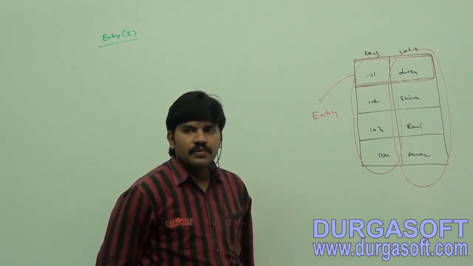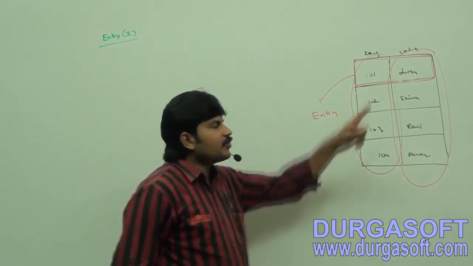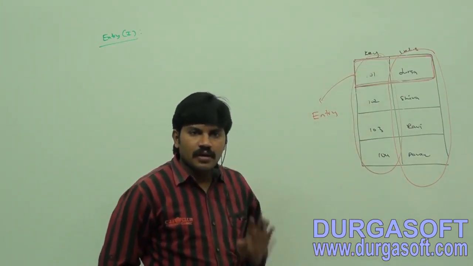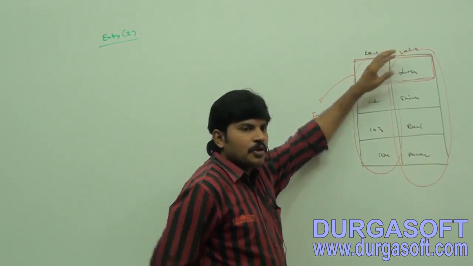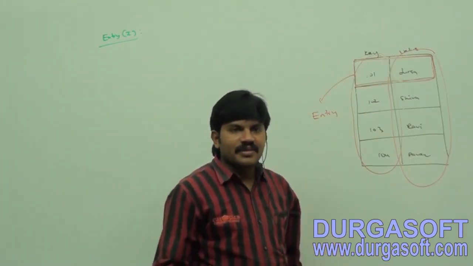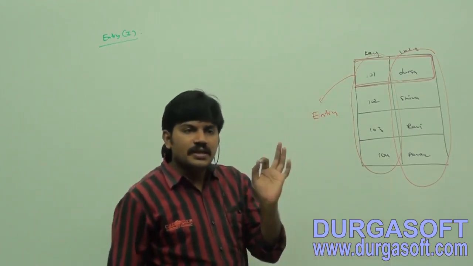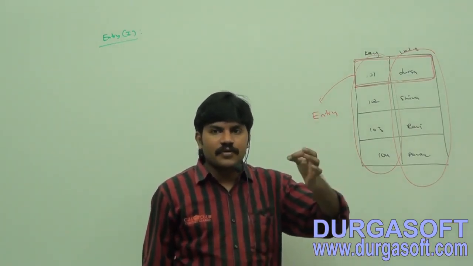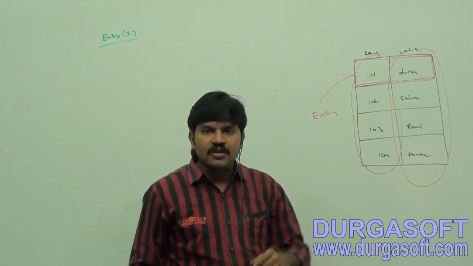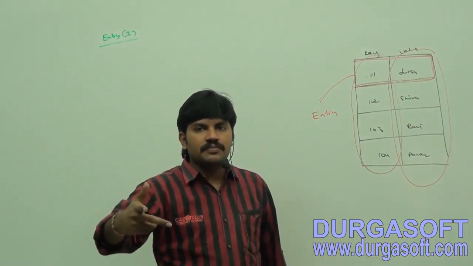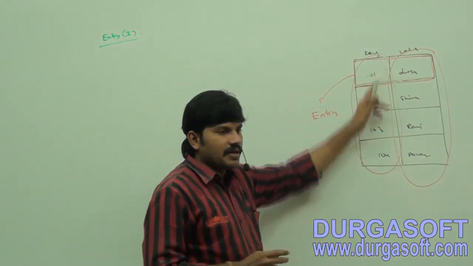Now I have one doubt. Is entry always part of the map or not? Entry is nothing but part of the map. If a map is not there, is there any chance of an entry existing? No. That's why entry is an inner interface of the map interface. Without an existing map object, there is no chance of an existing entry object.